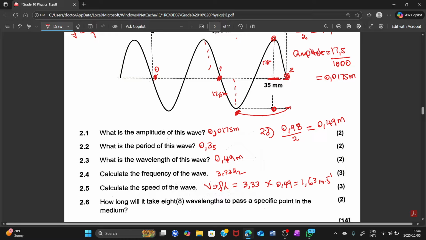Which means that one oscillation of particles produces one wavelength. Don't forget about that. So one wavelength passes a point in 0.3 seconds. So if there are 8, it will be 8 multiplied by 0.3, which is equal to 2.4 seconds.